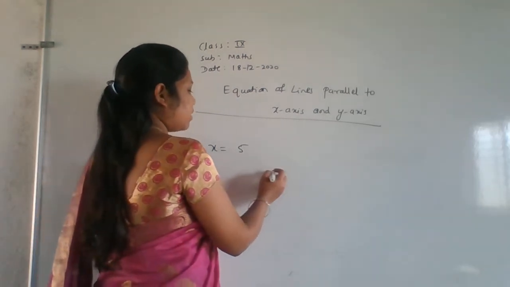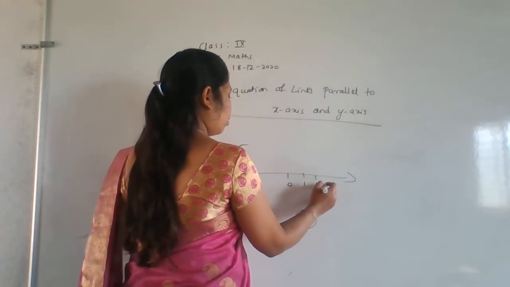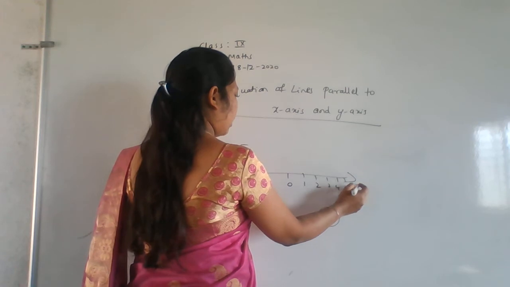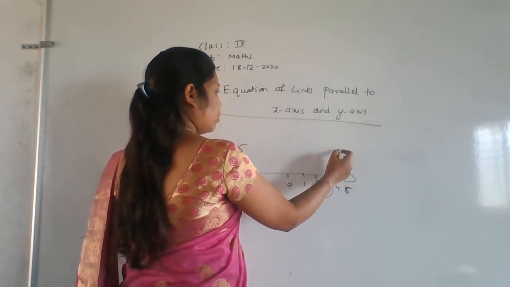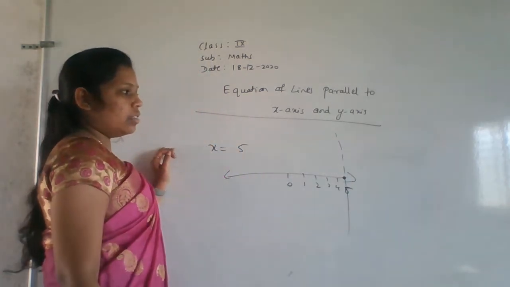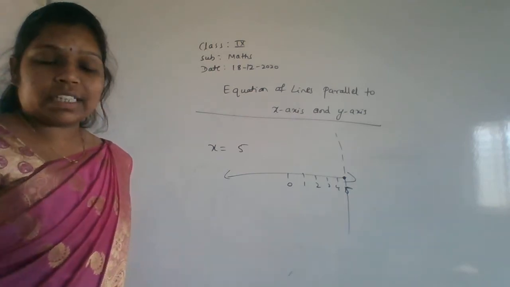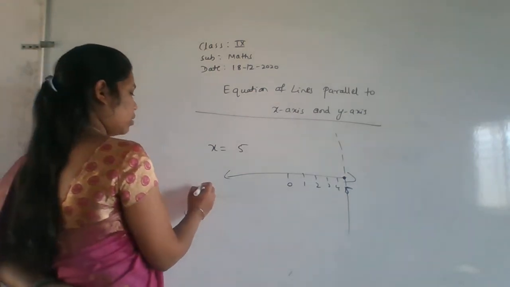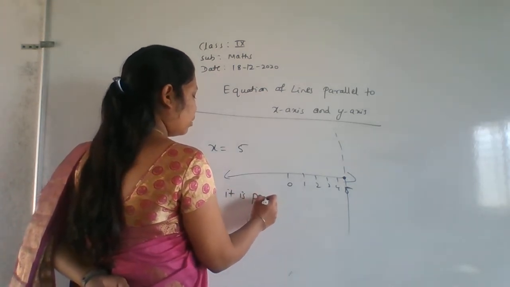See here, x is equal to 5. How will we represent that? 1, 2, 3, 4 and 5. This is x is equal to 5. X is equal to 5 is the line, and it is parallel to the y axis.